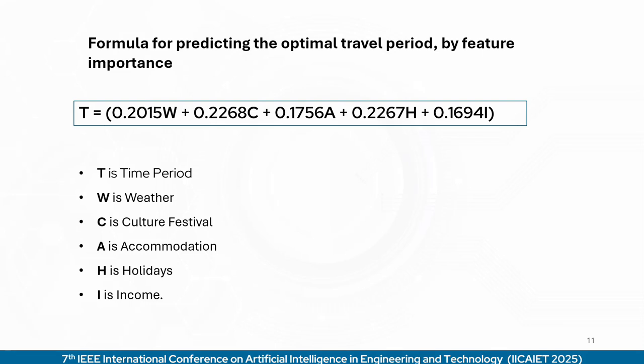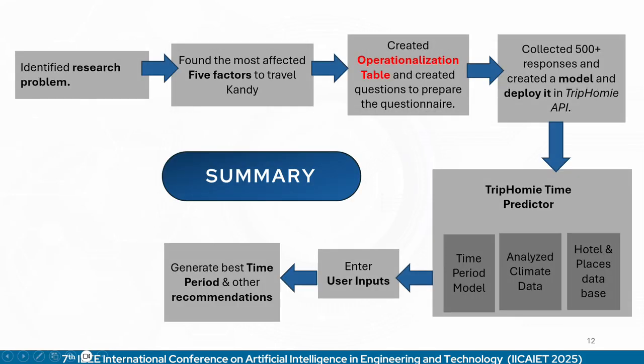C is cultural festivals, which has the highest influence at 22.68%. A is accommodation, contributing around 17.6%. H is holidays, also highly influencing, at 22%. I is income, which is 16.94%.